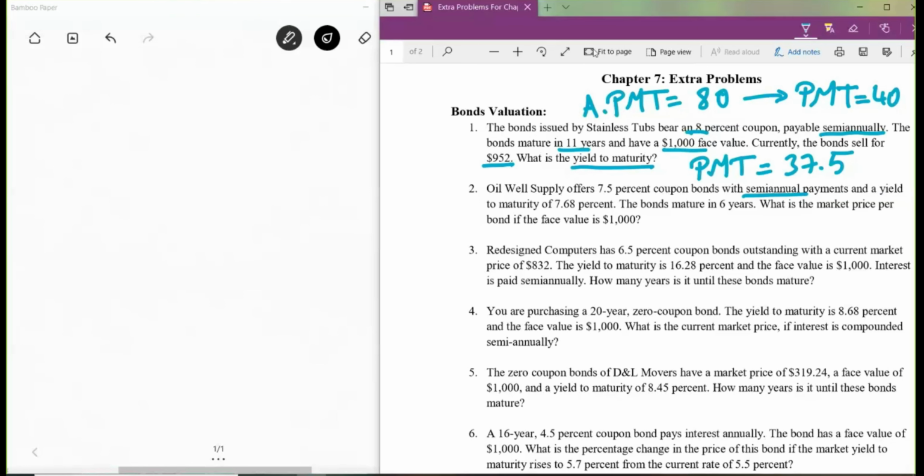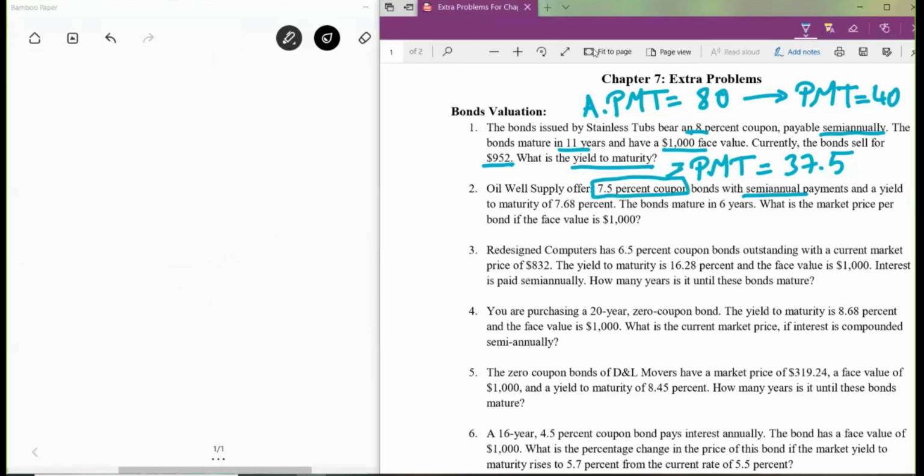And remember that I only use the coupon rate to find the payment. And that's it. I won't include that 7.5% in any further calculations. The yield to maturity is 7.68%. Maturity is in 6 years. I need to find the price of the bond given a face value of 1,000.